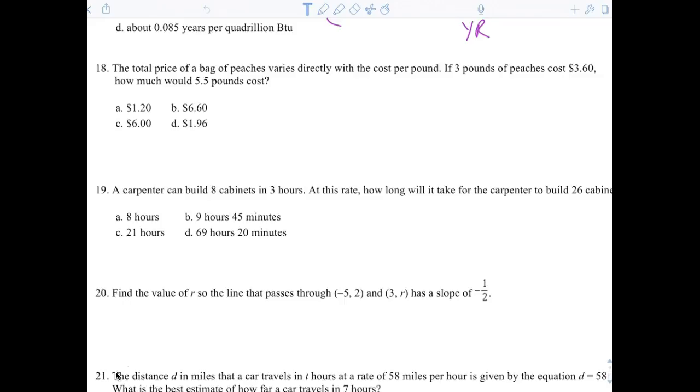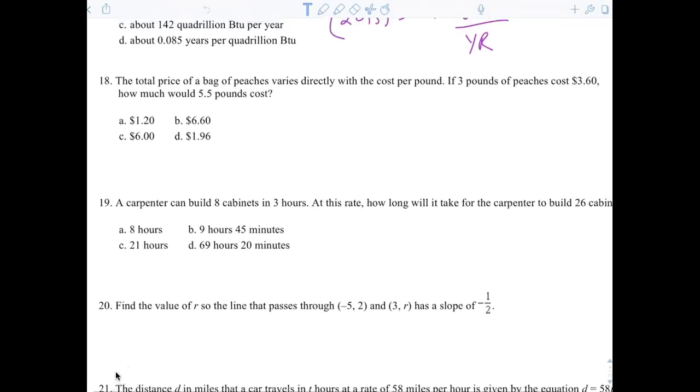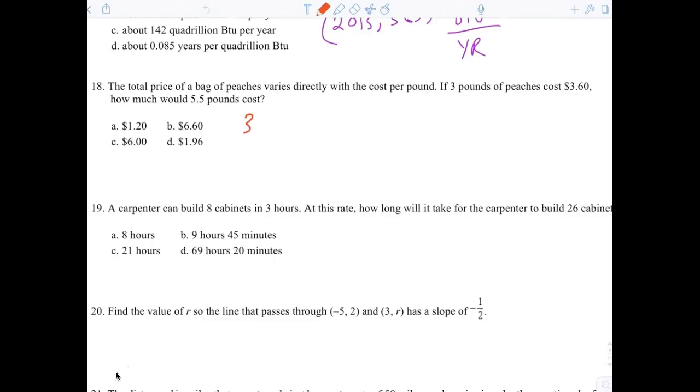All right? So if you can buy 3 pounds for $3.60, you want to know how much you can buy with 5.5 over x. Does everybody see that? And now it's just a matter of cross multiplying and dividing, right? So you would say 3x is equal to 5.5 times 3.6.